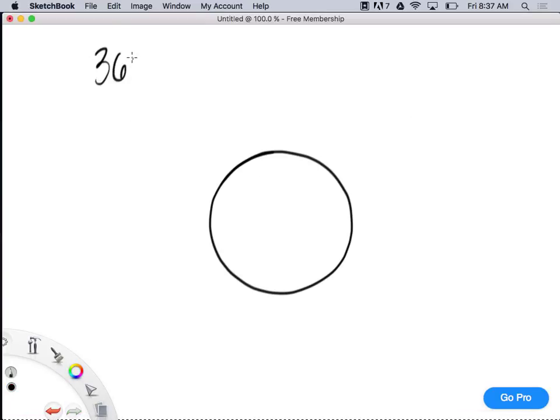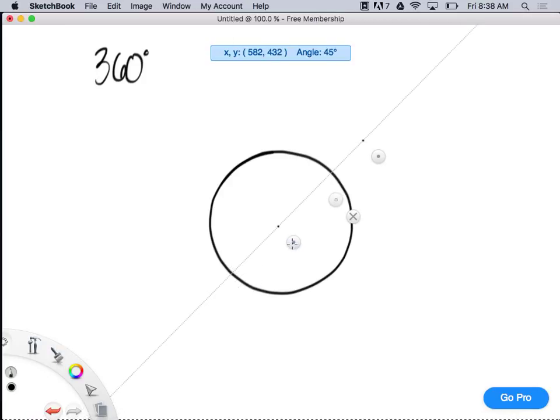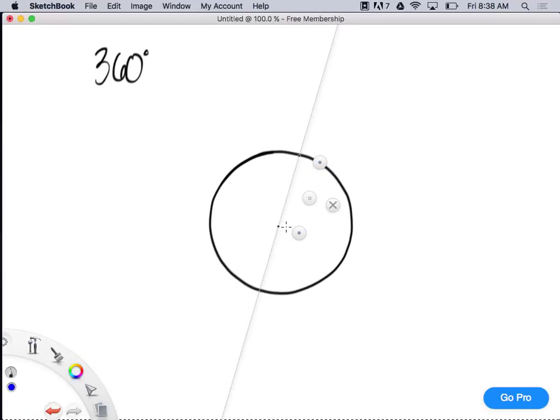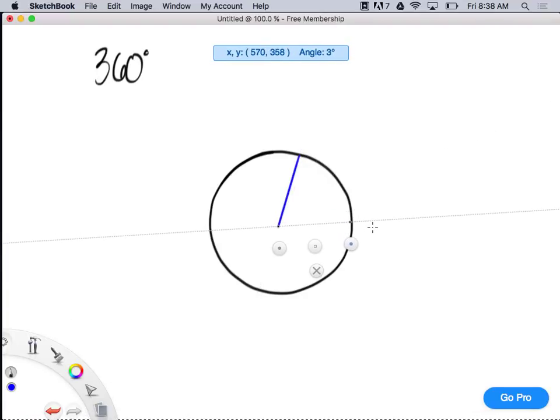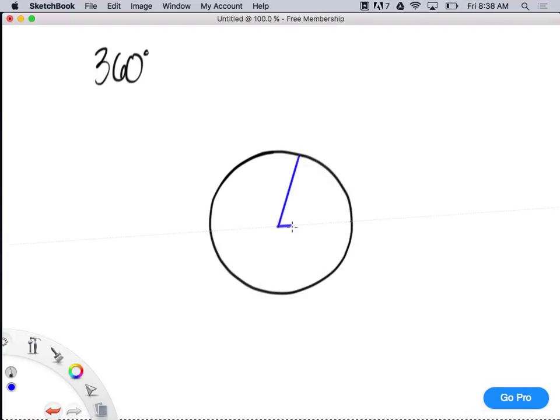So the measure of the arc would be 360, but it's not just 360. Look, if I have an angle, check this out. Now this is where it gets really interesting. Let's say I have an angle like this, and this angle is x degrees.